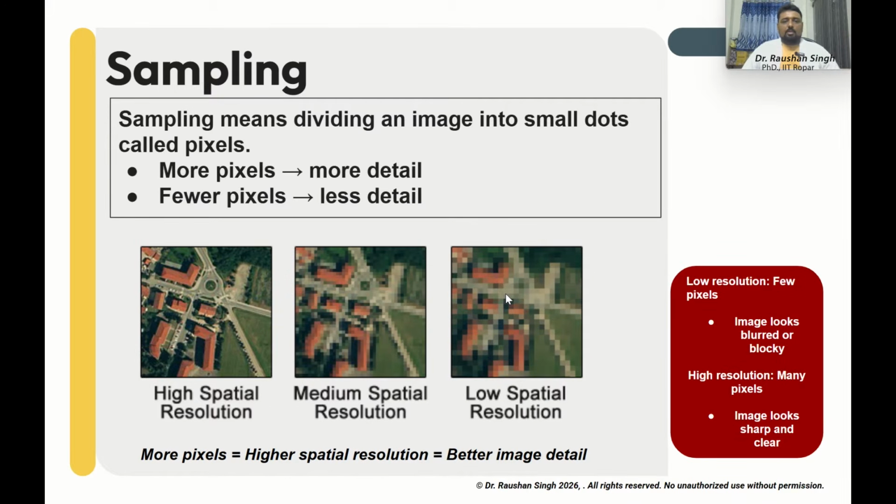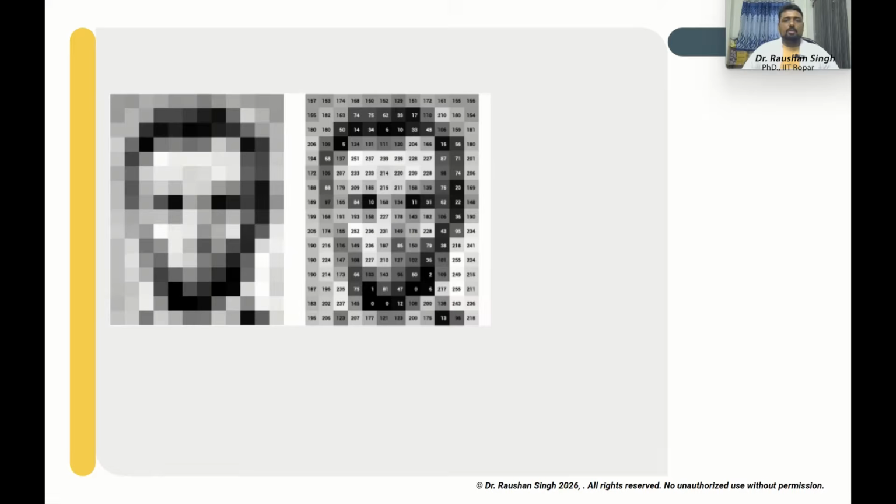So more pixels equal higher spatial resolution, and higher spatial resolution equals better image detail. You can see in these two images, the pixels are actually given some numbers. From this image, you are able to identify that since we have very few pixels, the clarity is not there.